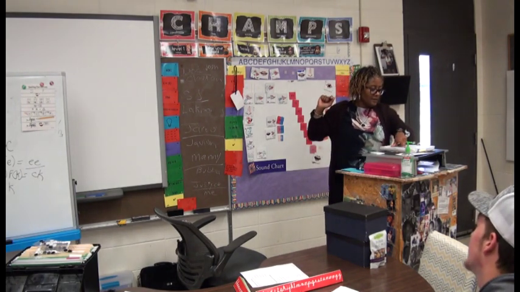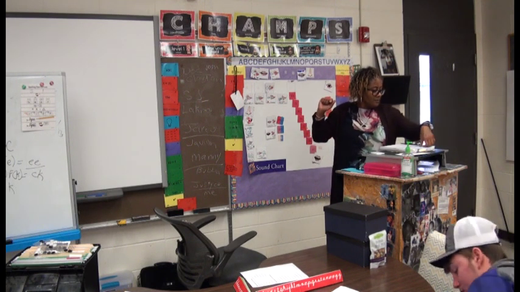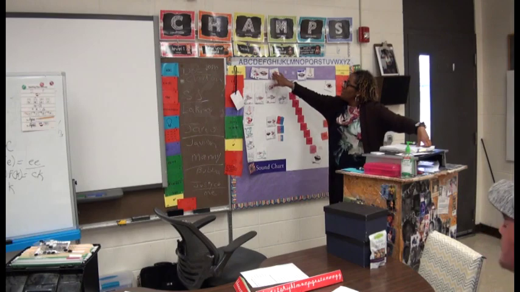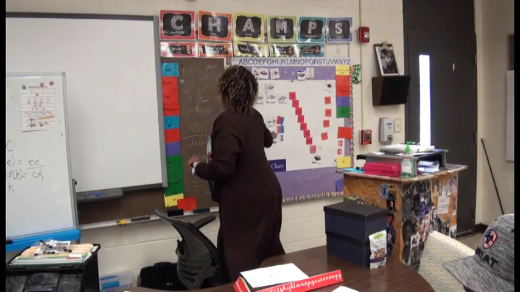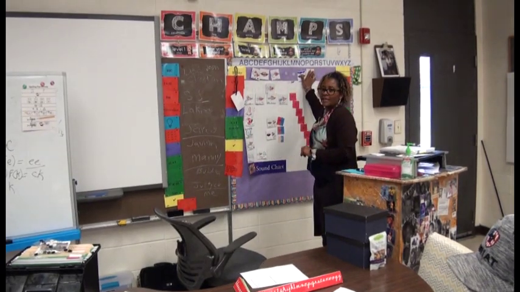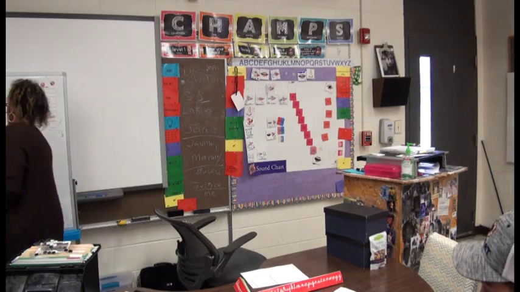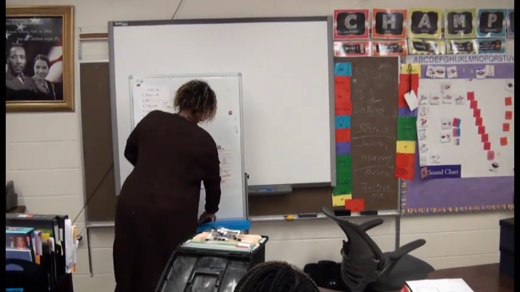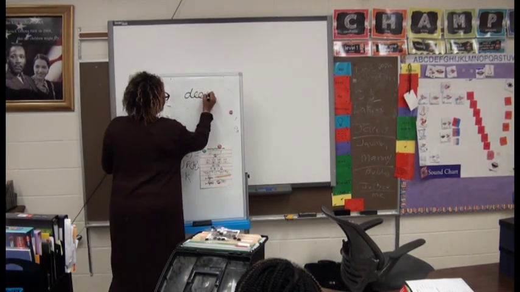Okay. Now, let's look at the base word, which is deep, and our suffix is -en. Now let's look at this word. We said our base word was deep, D-E-E-P.